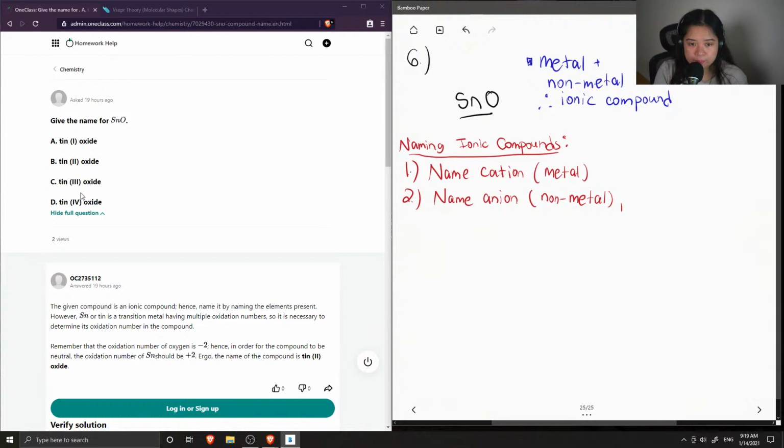And you add the suffix "ide" at the end. In the case of polyatomic anions, you would just simply name the polyatomic ion. I'm just going to write that down. This doesn't pertain to our example, but it's still important to know.